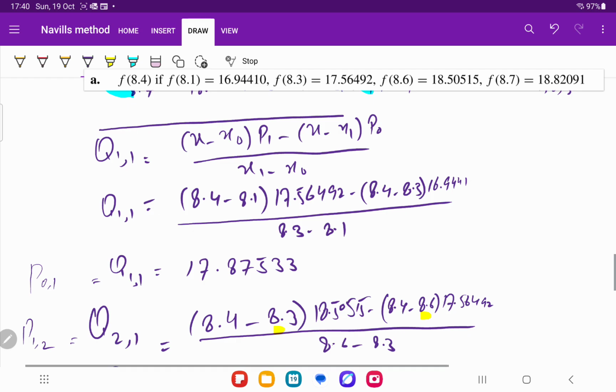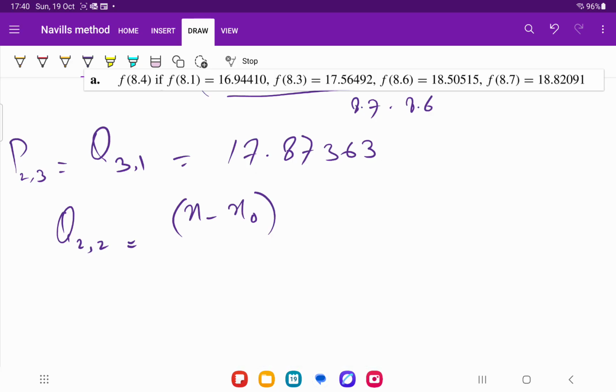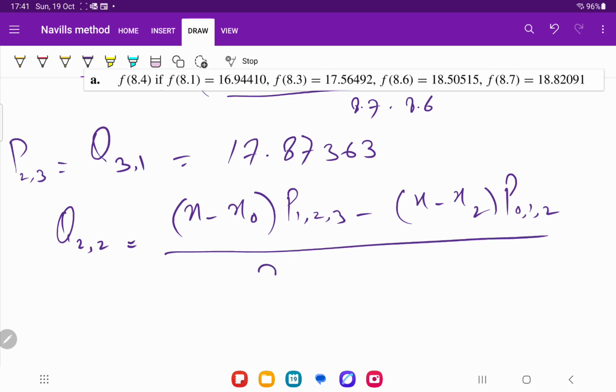So it means that x minus x0 will be multiplied by p123 minus x, so we will skip x1, so x2 multiplied by p012 divided by x2 minus x0.